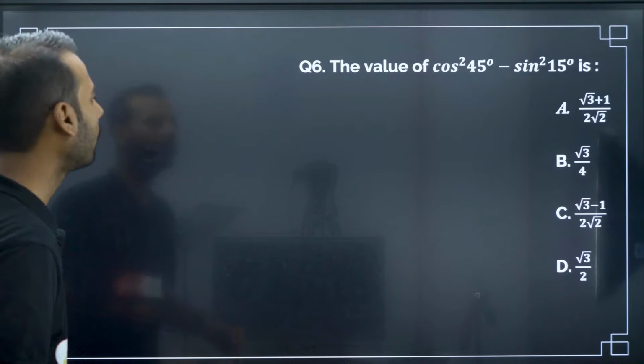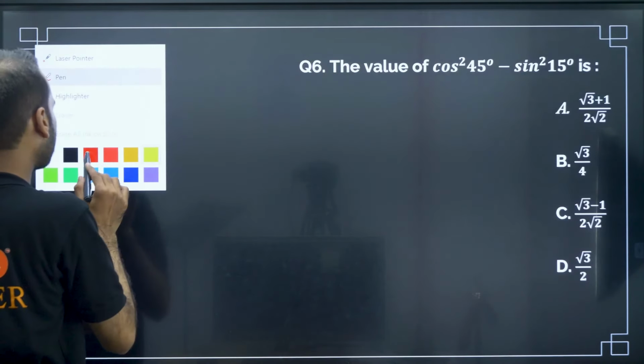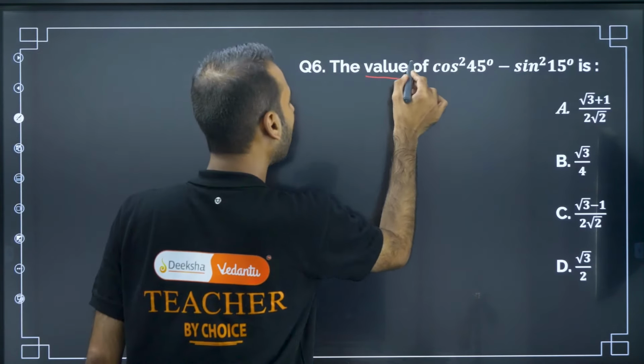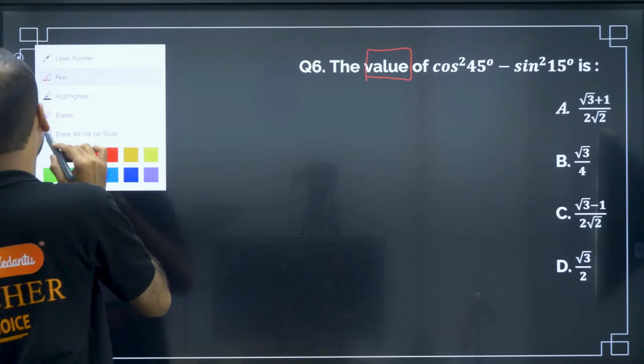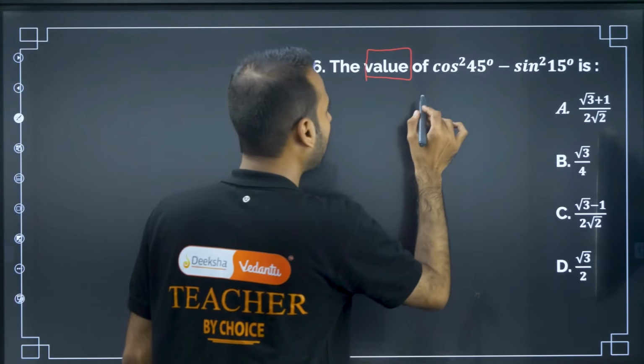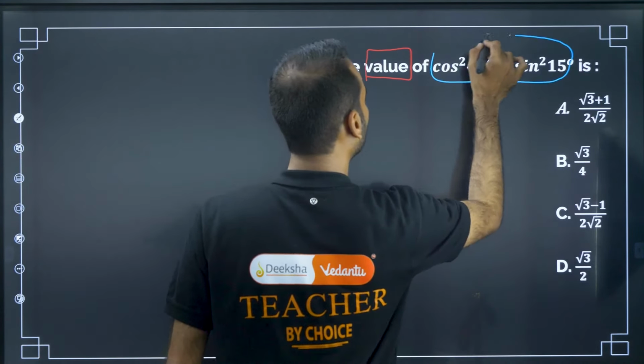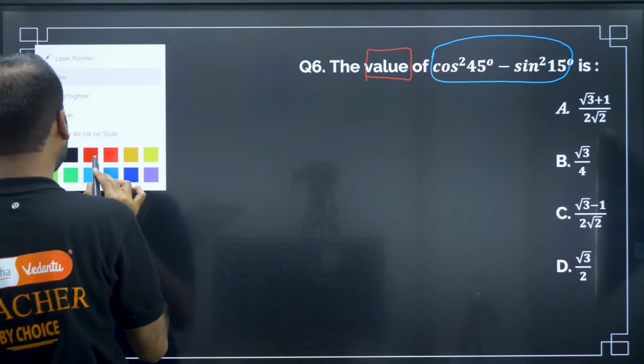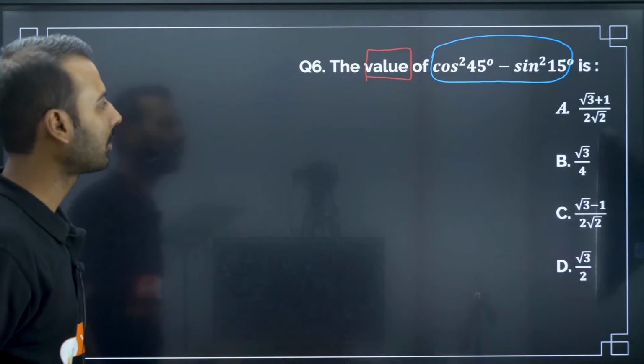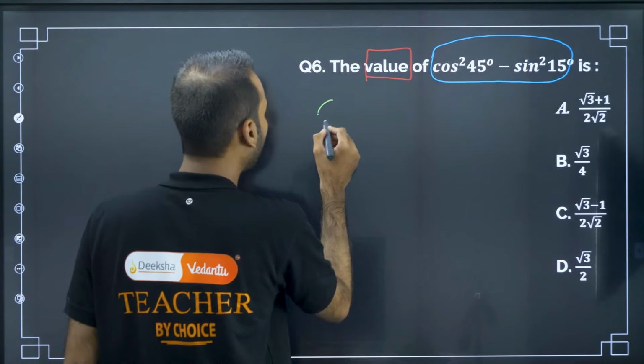Moving on to the next question. They are asking to find the value of one trigonometric equation they have given. Now the moment you see cos square a minus sin square b, there is one standard identity for this.